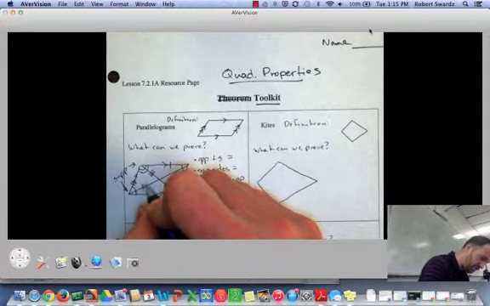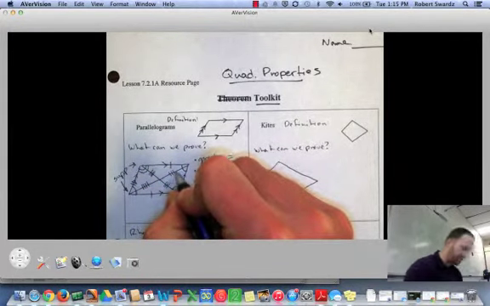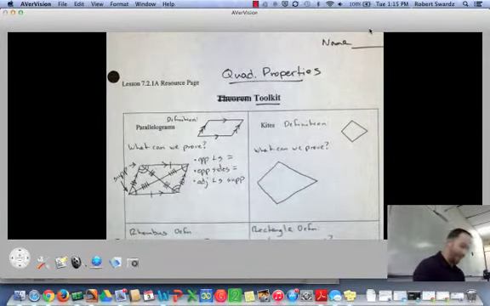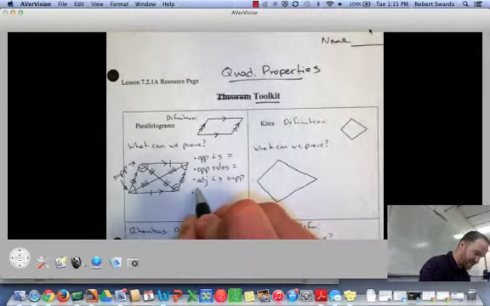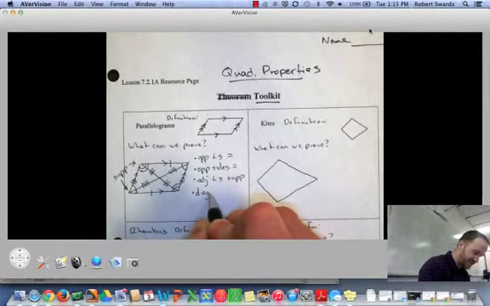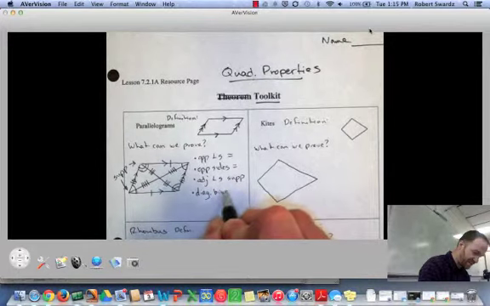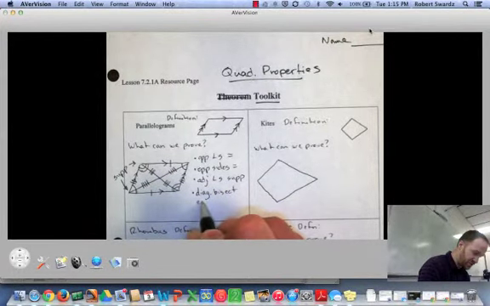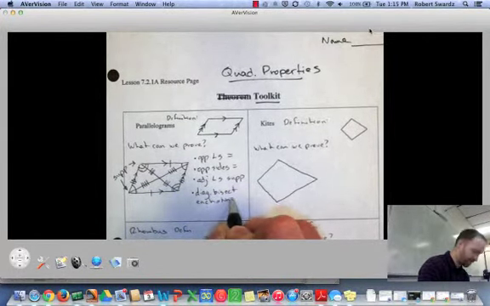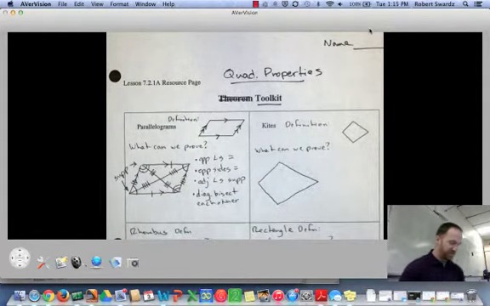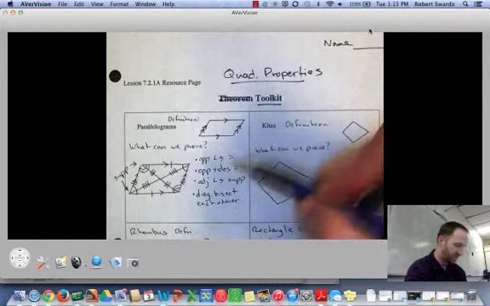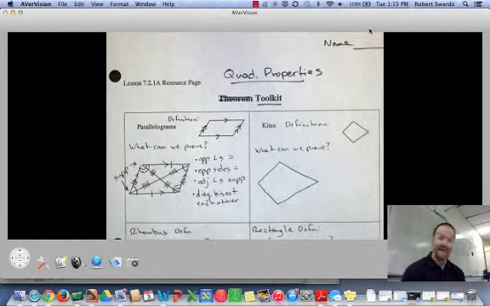Those diagonals bisect each other. There are a few little minor things that you could prove too, but these are the big ones that we can prove about the sides, angles, and diagonals of a parallelogram.